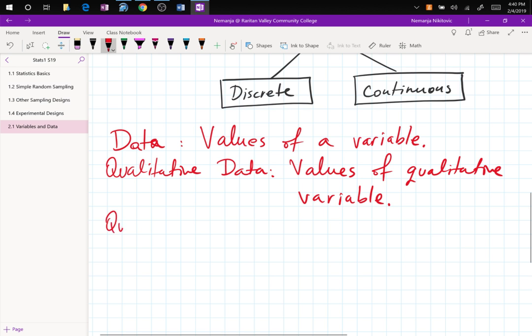Quantitative data: values of a quantitative variable.